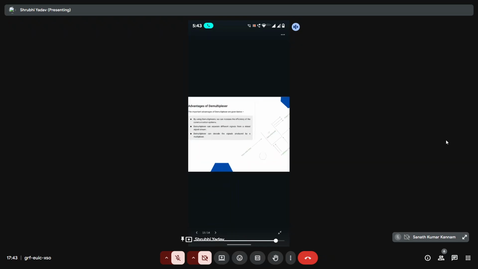More, a demultiplexer can separate different signals from a mixed signal also. So it can also separate different signals from mixed signals for streaming. Demultiplexer can decode the signals processed by the multiplexer. So it can act as a decoder for multiplexer. That is, it works opposite to how a multiplexer works.